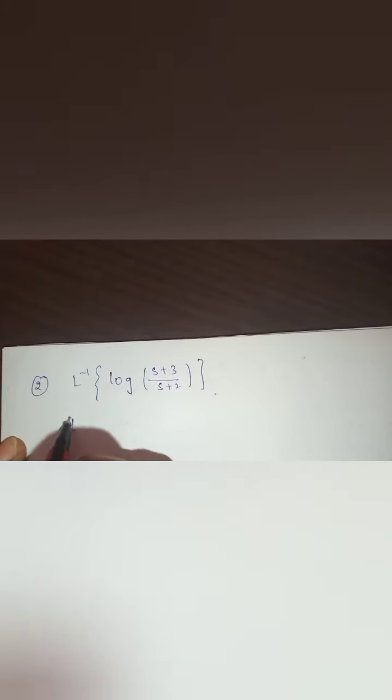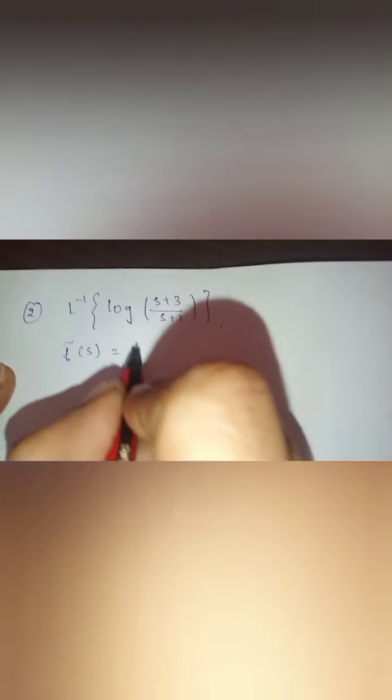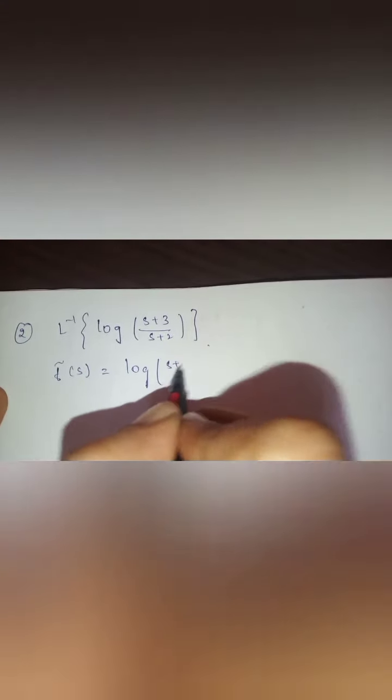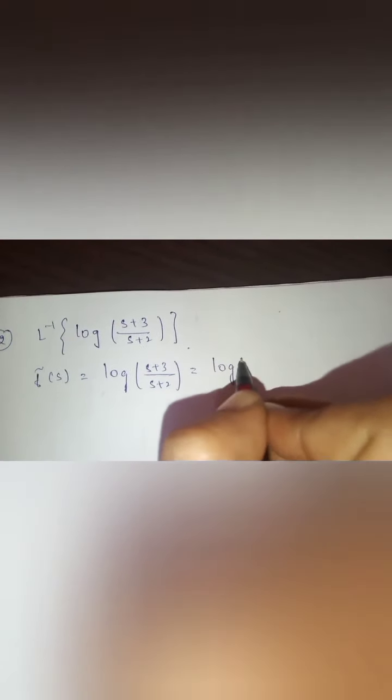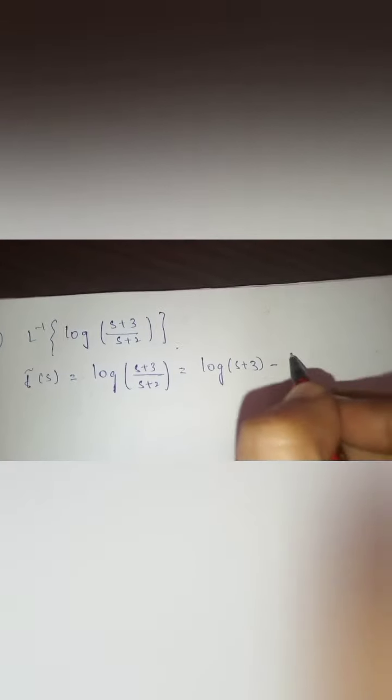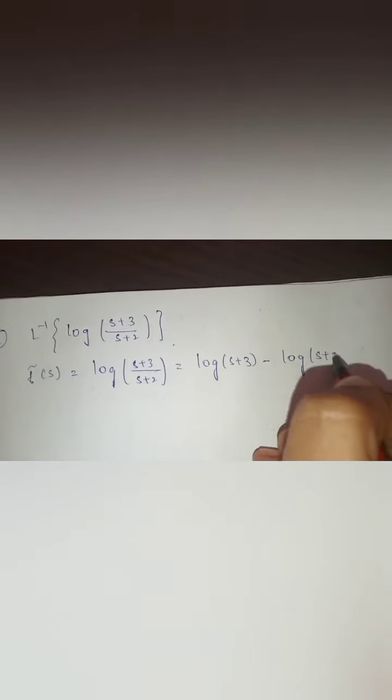If you have a log function, you can always apply the property of inverse Laplace transform of derivatives. Suppose you have log of (s plus 3) by (s plus 2). Your f bar of s here is log of (s plus 3) by (s plus 2), which is nothing but log of (s plus 3) minus log of (s plus 2).